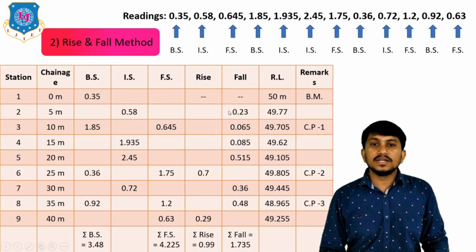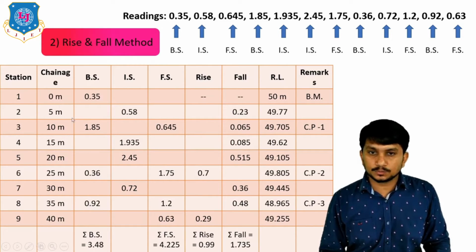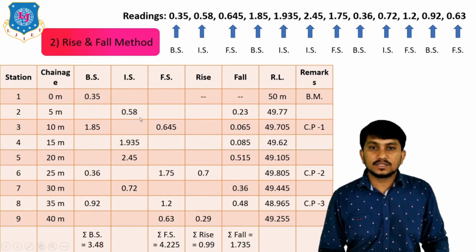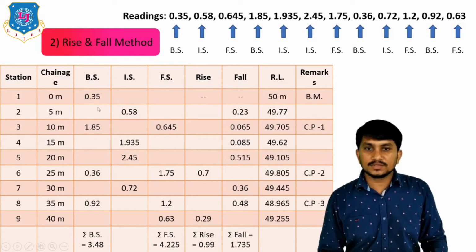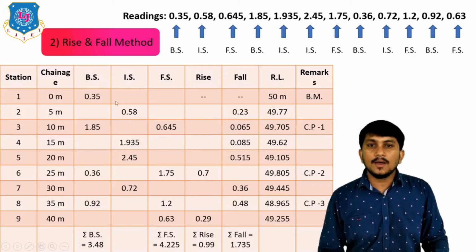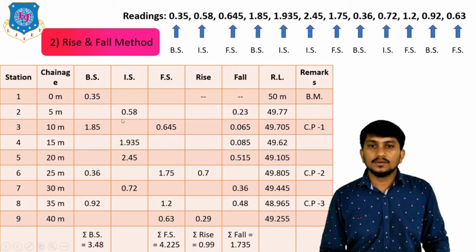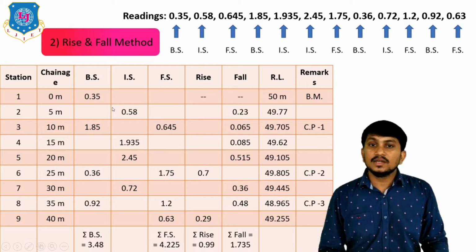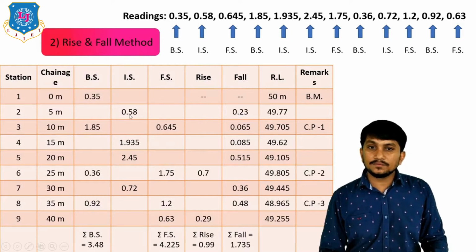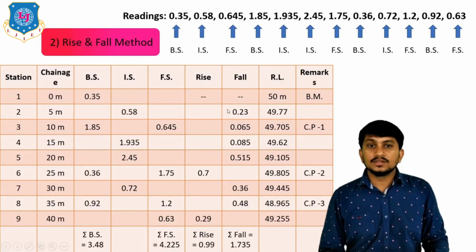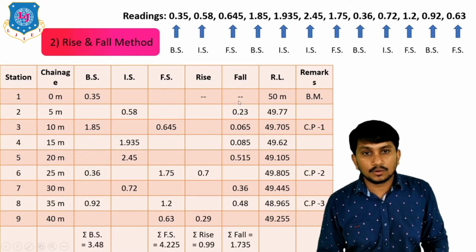So to calculate rise or fall of station number 2, we have to deduct the reading of station number 2 from the preceding staff reading, which is 0.35. So 0.35 minus 0.58, the value is 0.23 in minus sign. When the difference is in minus sign, it is written in the fall column like this. So 0.35 minus 0.58 is minus 0.23, so it is written as 0.23 fall.